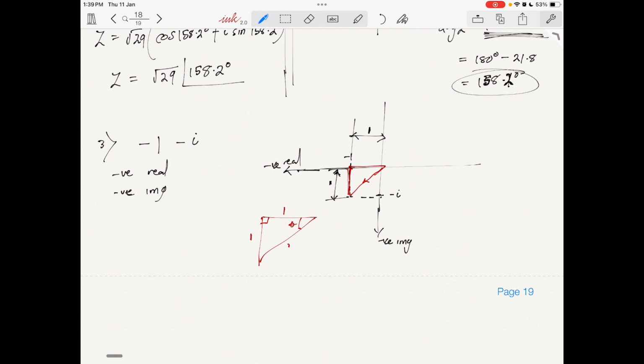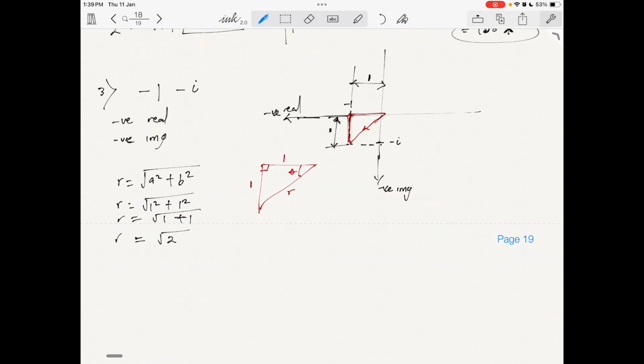So we can evaluate our R. R is equal to the square root of a squared plus b squared. So R is equal to the square root of 1 squared plus 1 squared, which is the square root of 1 plus 1, and this gives us root 2.